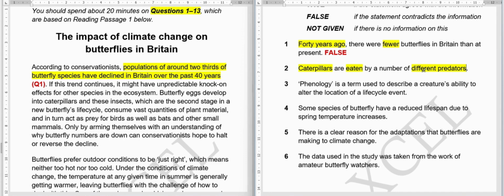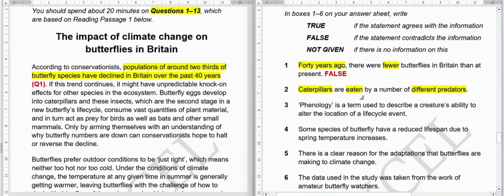It may be given like that, but most probably they could also give you two or three names. So plural just means more than one. You could have been given two, three, four names, like caterpillars are eaten by A, B, C, D animals. If caterpillars are eaten by a lot of predators, more than one predator, the answer will be true.